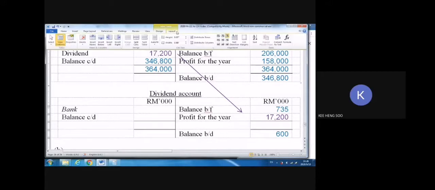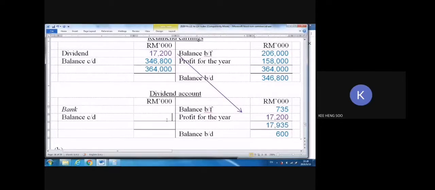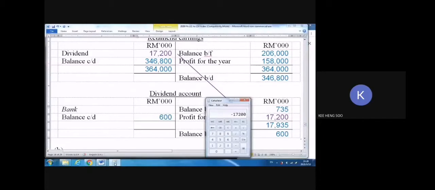So now you just add up together. Use your calculator. 600 will be here. 17,935.